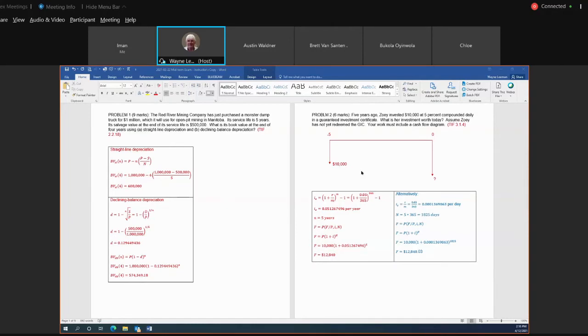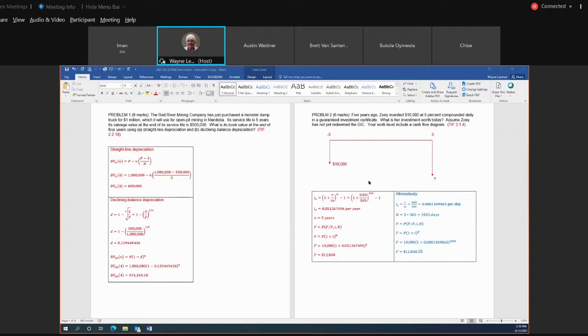The next one, problem number 2, you could do it either way. The red represents one way, the blue represents another way. So I worked it with I subscript E for an effective interest rate, and then I also worked it for a sub-period interest rate. And again, this is the information that you have here.